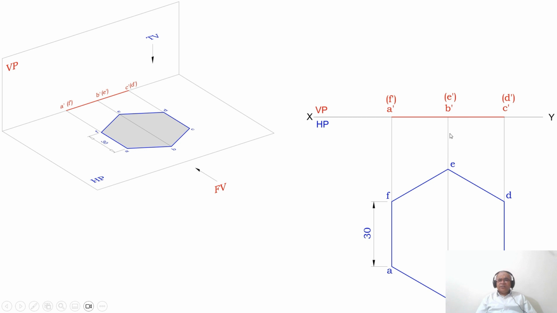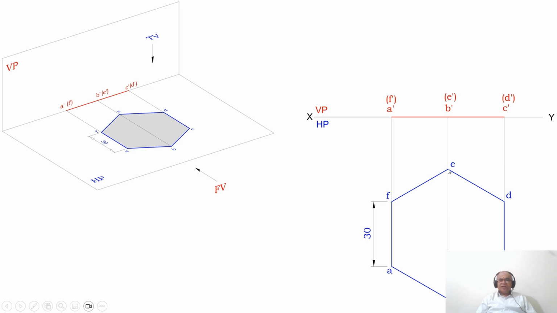Once you do that, first draw one vertical line of any length. Take the radius of 30 mm using the compass, and at any point on this vertical line, draw a circle of radius 30 mm. That circle will cut at this point and also at this point. Then with this as center, taking the same radius of 30, cut the circumference of the circle here and also on this side.